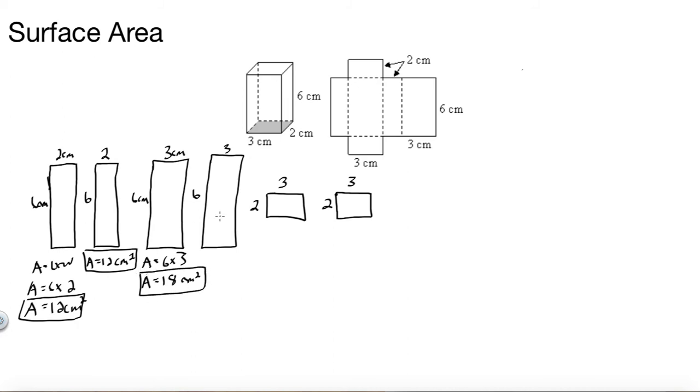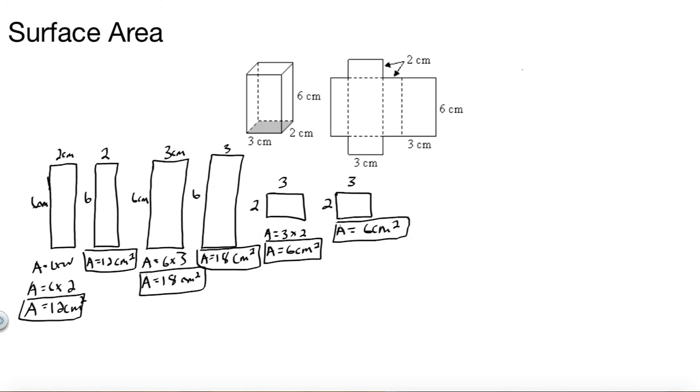This rectangle has the same dimensions, so its area is also 18 square centimeters. Again, area is length times width, so we have 3 times 2, which means the area is 6 square centimeters. And this rectangle has the same dimensions, so the area is also 6 square centimeters.